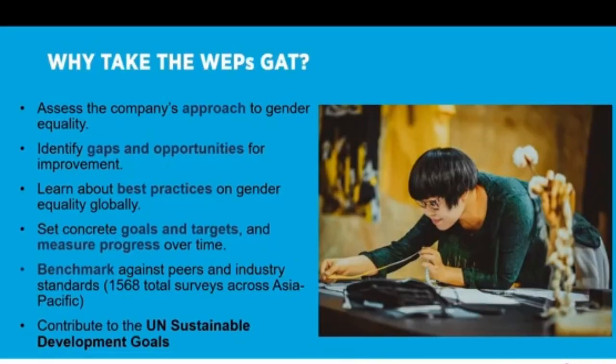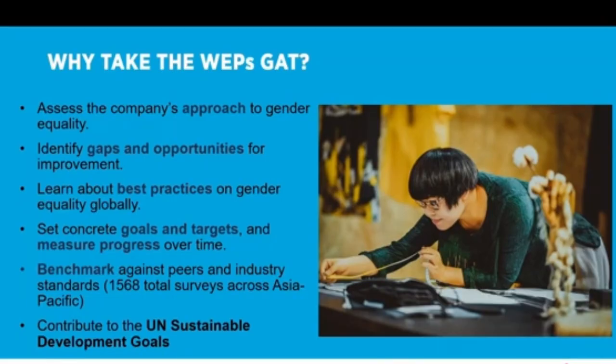It also does help you set concrete goals and targets and measure progress. It also helps you benchmark. And I apologize, I haven't updated this number, but you're going to see it. No, sorry, you won't see it later on because I've restricted the years. But I think now if we look overall, we have closer to 3,000 surveys completed across Asia Pacific.